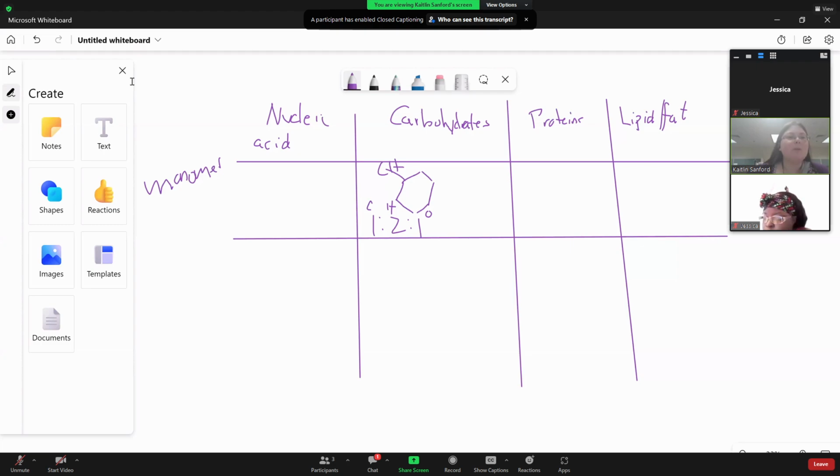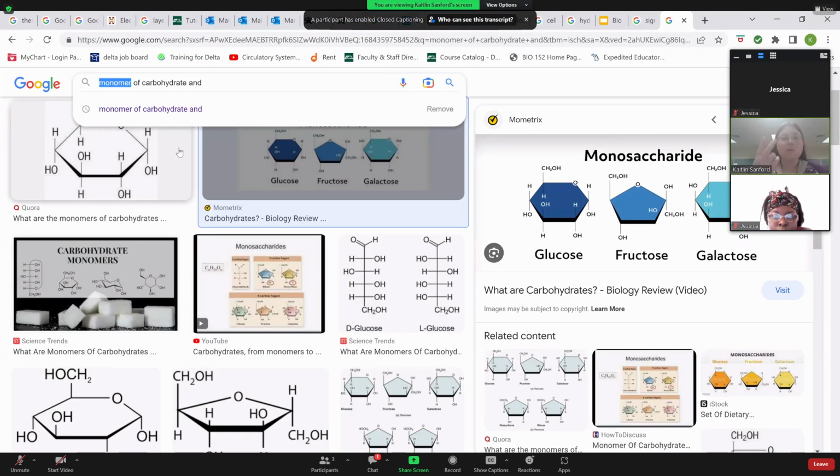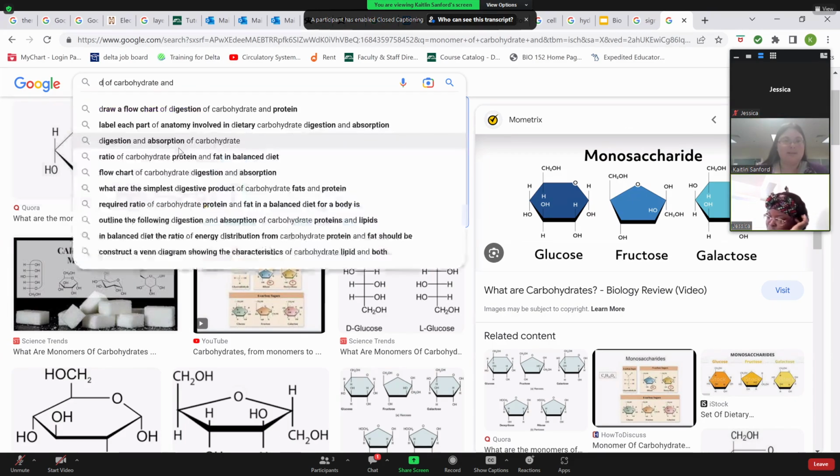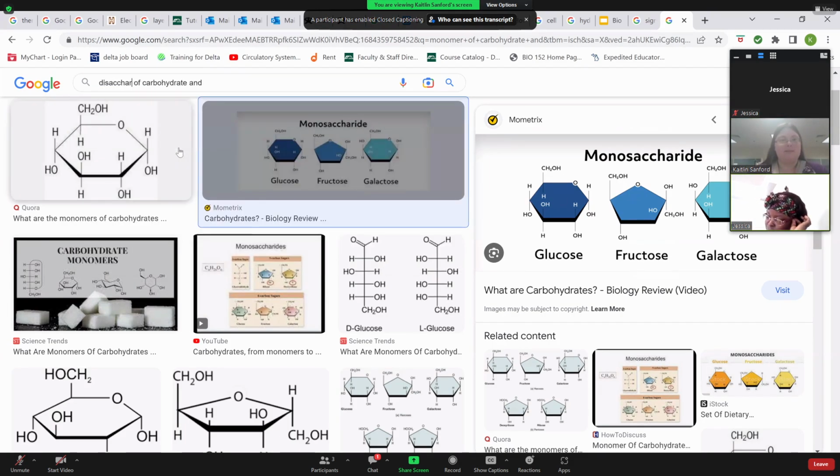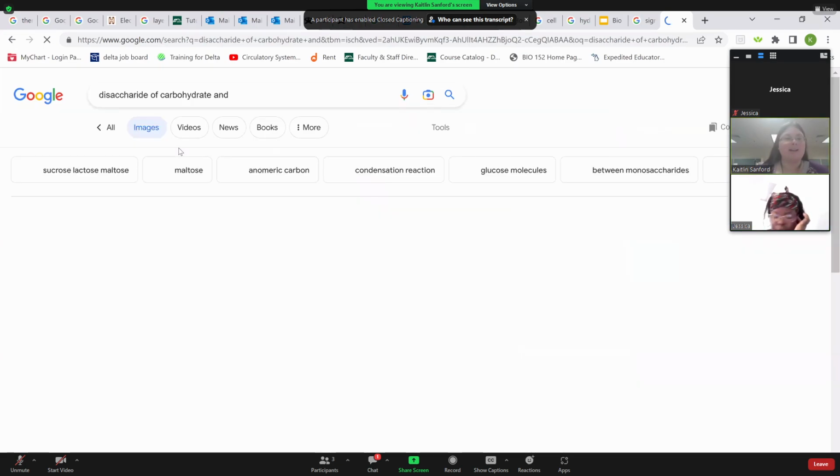What is the word for when you have 2 of them? So not monomer, not polymer. It's probably a di something, isn't it? Disaccharide, okay?